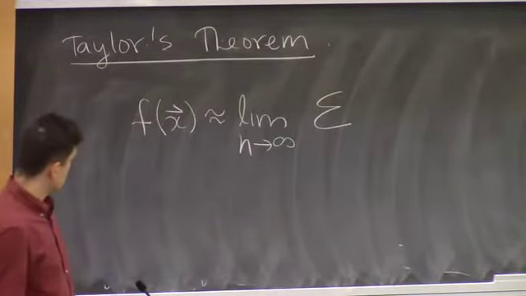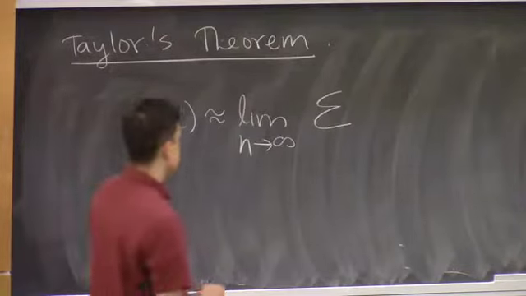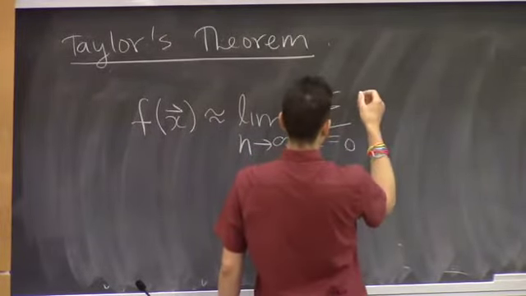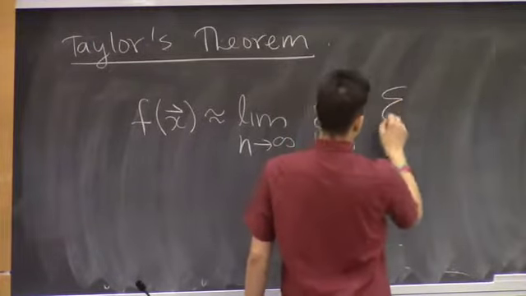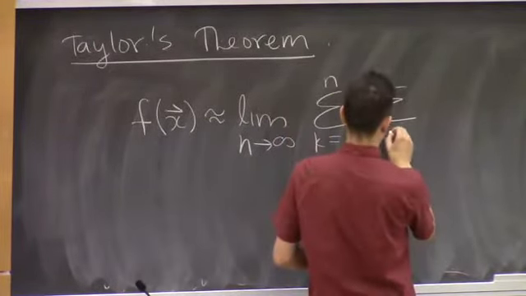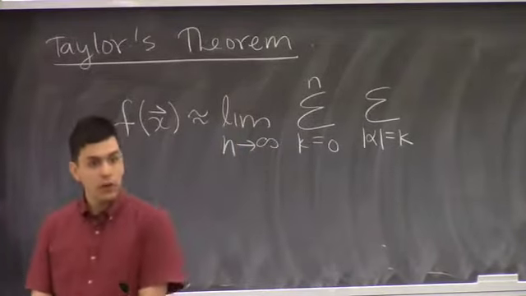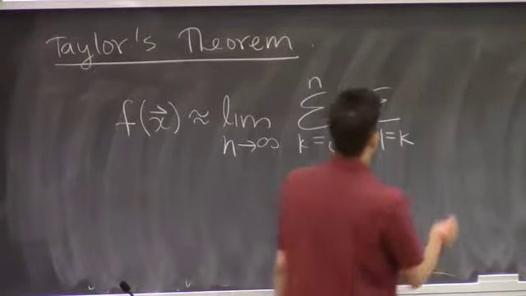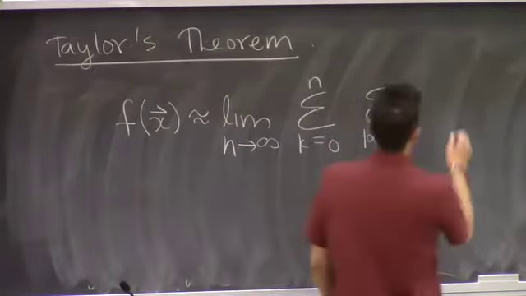Okay, so it's approximately the limit as k goes to 0 of n. Now we have to add up over all of these derivatives. There's lots and lots and lots of derivatives. So what do we get?